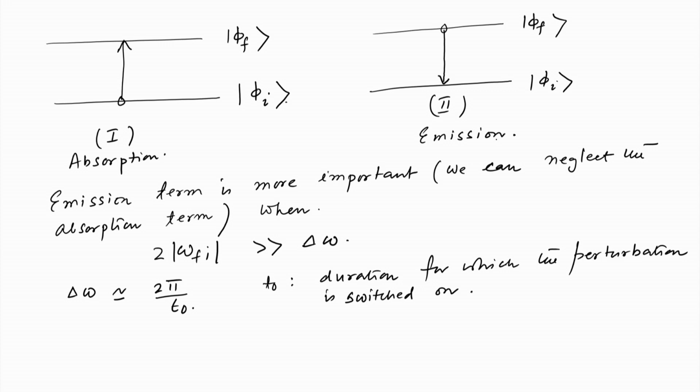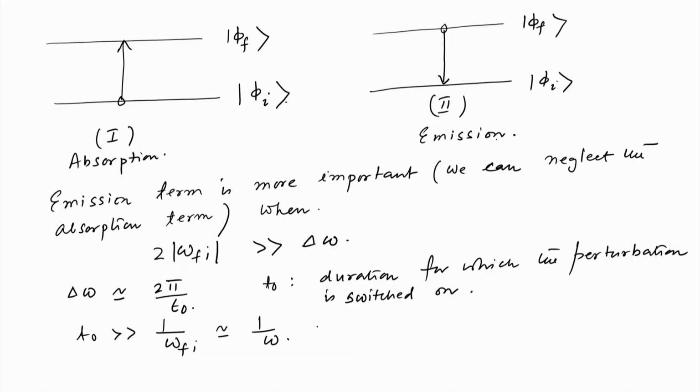So, that means that t 0 has to be much greater than 1 by omega f I, which at resonance is equal to 1 over omega, which means that the additional restriction of neglecting the anti-resonant term is that the perturbation term must go through several cycles in this interval 0 to t 0.